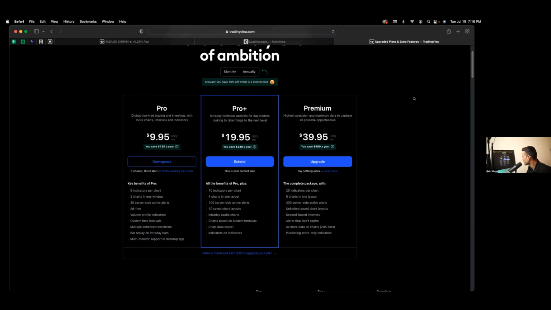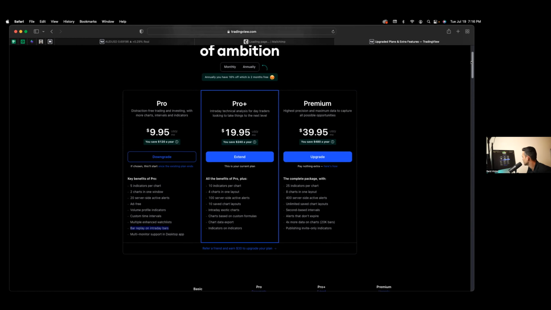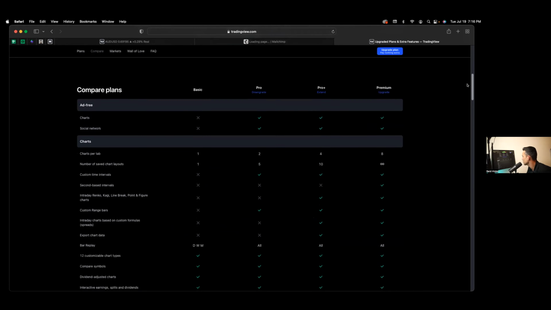So this is TradingView, three plans, and right here you'll see bar replay on intradays. This is the $9.95 basic paid subscription, but it seems like you may have bar replay availability maybe just on the daily. I'm not too sure. Oh, it says right here, basic. Okay, there you go.